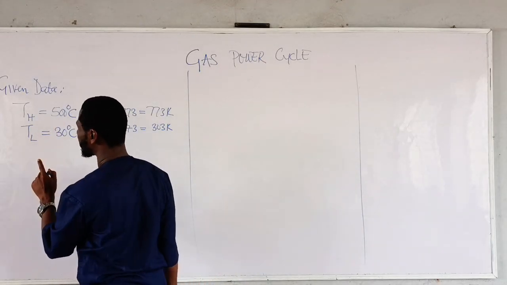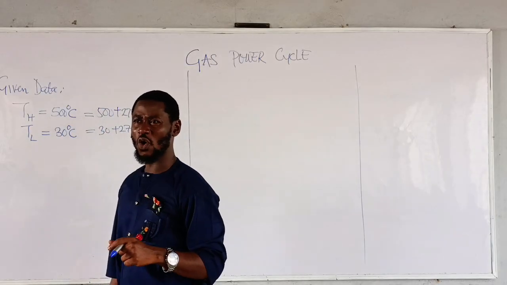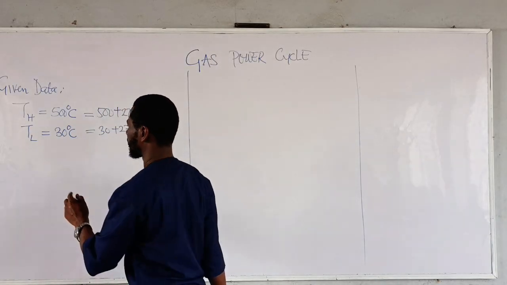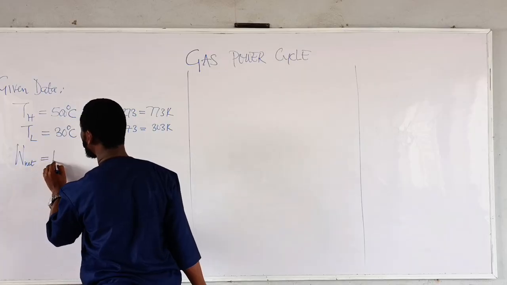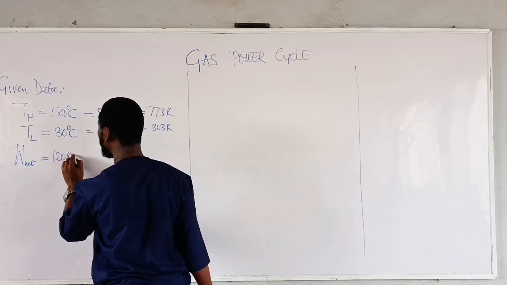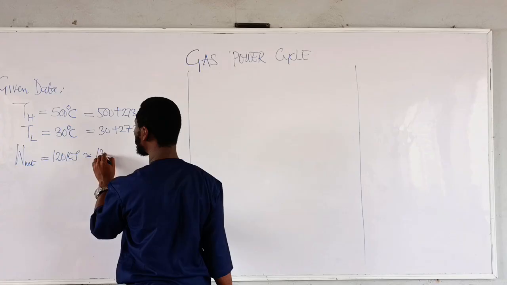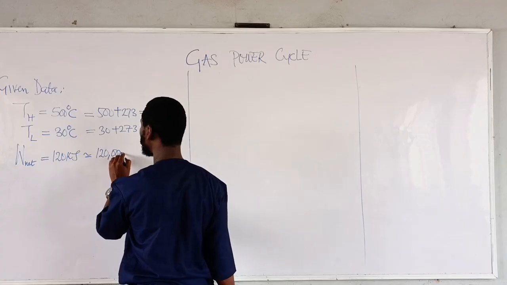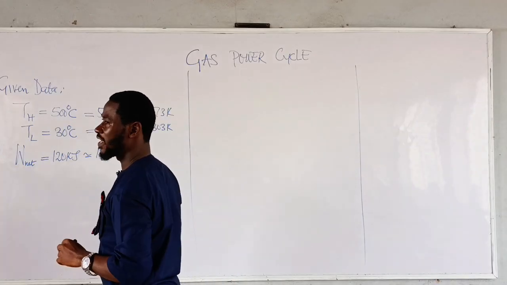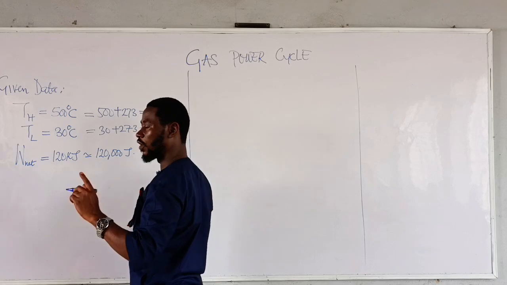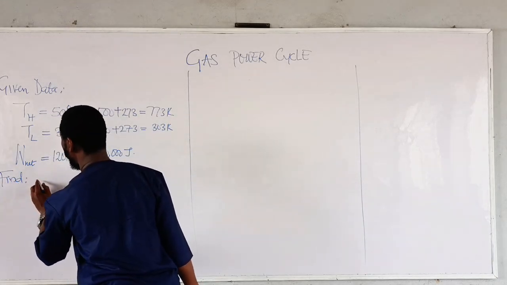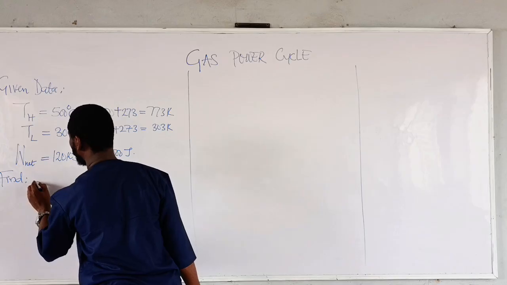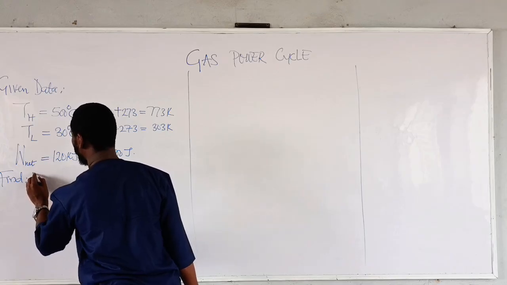Is it heat that is being added or work? Work. The net work output is 120 kilojoule, which is the same thing as 120,000 joule. So the next step is to define the unknowns.